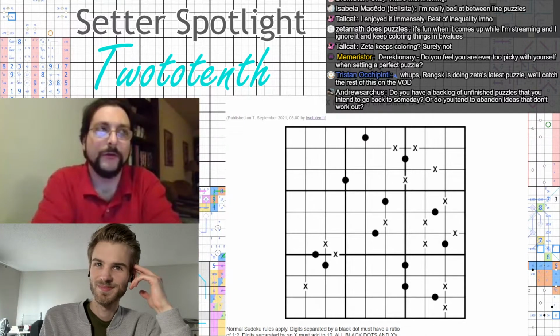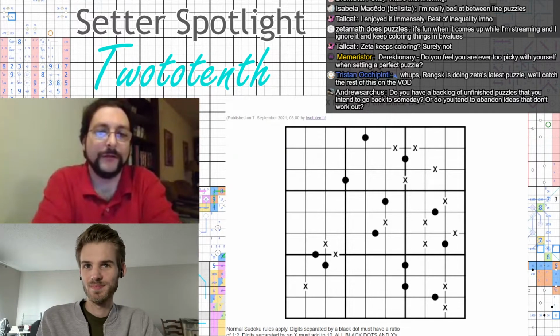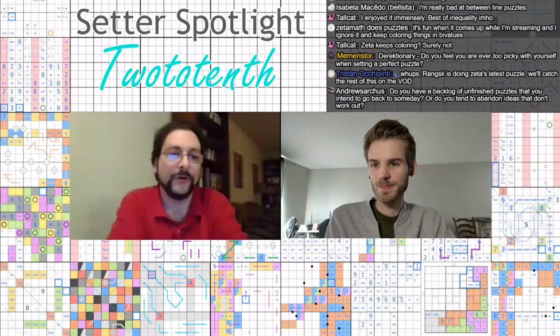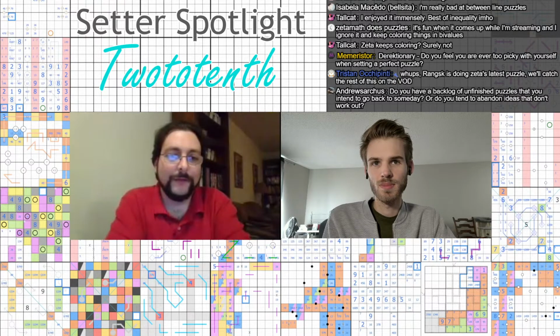I don't have them stored anywhere besides my head, but there's always the possibility that I'll try and get the black dots 159 puzzle to work, or the third X Marks the Dots puzzle where it's V's and white dots only. So I don't know that I ever fully abandon an idea, but there are a lot of things that probably are never going to get done.